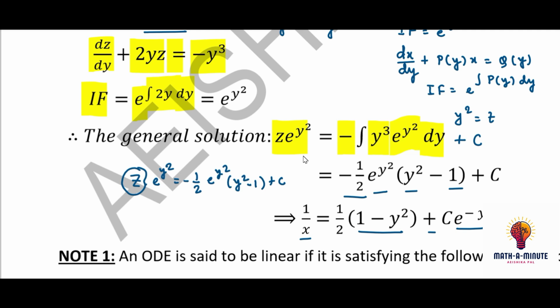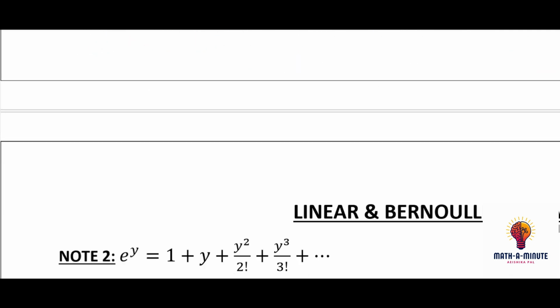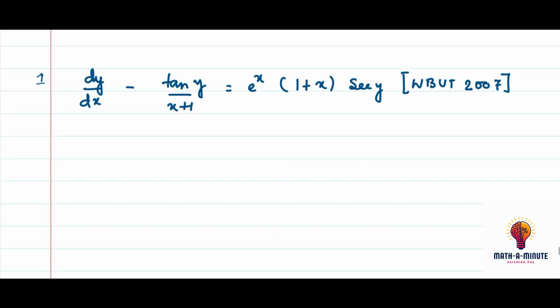Now try to apply this method to find the general solution of the given differential equation. Okay, so here the given differential equation is dy/dx plus minus tan y divided by 1 minus x equals to e to the power x into 1 plus x sec y.